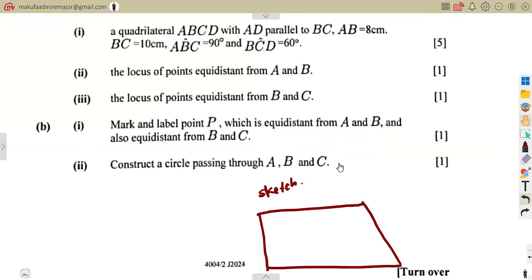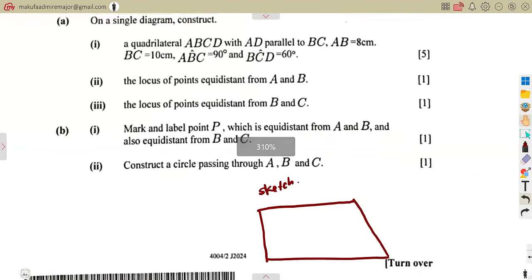So we are given here that this quadrilateral is referred to as ABCD. B is 90 degrees, so let's say this is A, B, and C is at 60 degrees, up to D, okay? AB is parallel to BC.